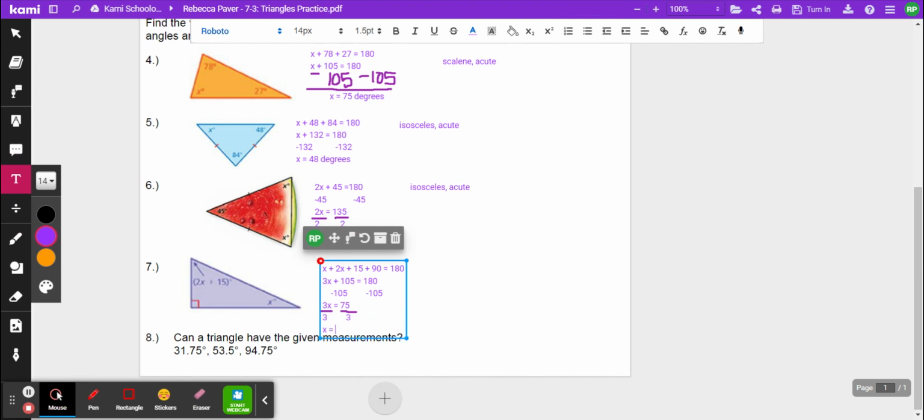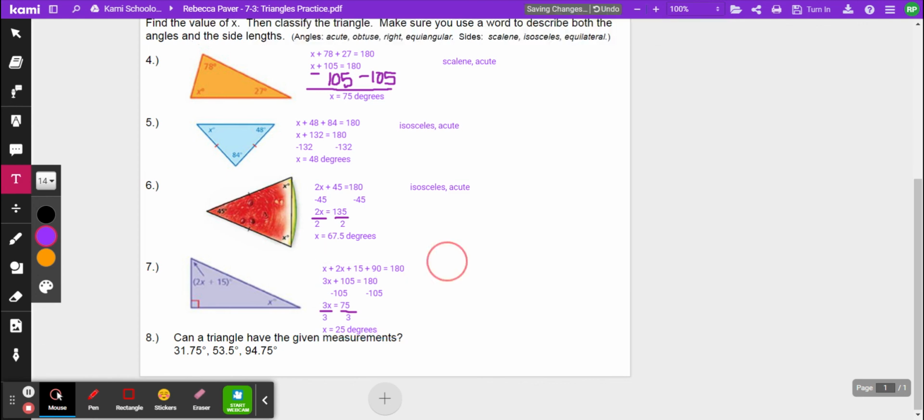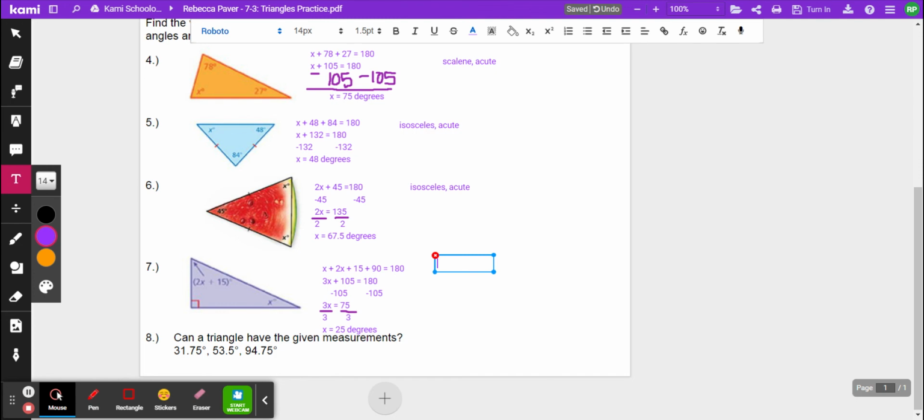And thinking of money, 75 divided by 3, I know that that's going to be 25 degrees. So as far as the classification of this triangle, there are no sides that have tick marks. So that means none of the side lengths are equal to each other, and that makes it a scalene triangle. And as far as the angles, just one right angle makes it a right triangle.